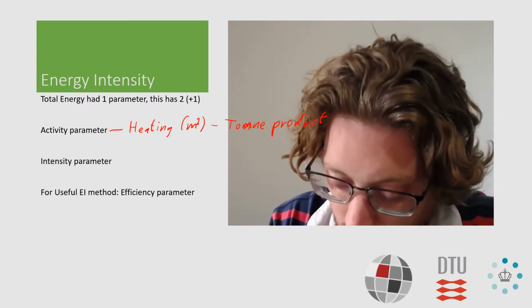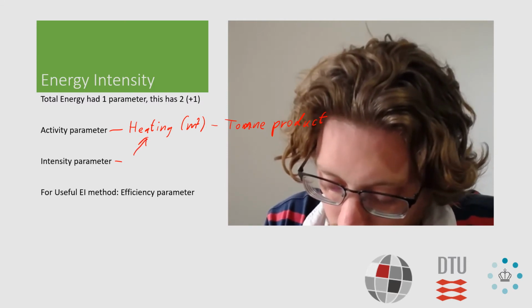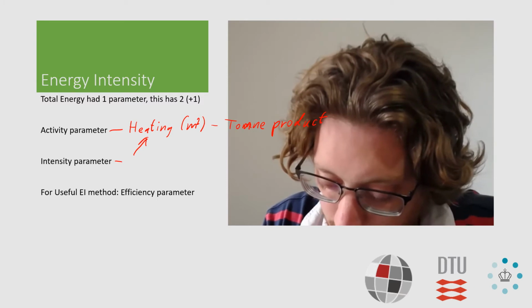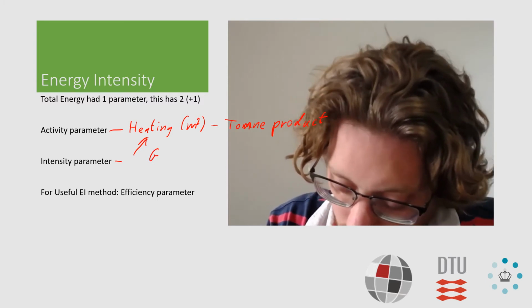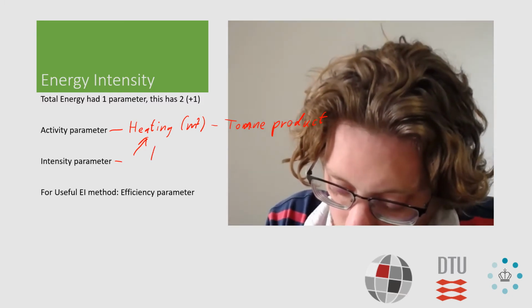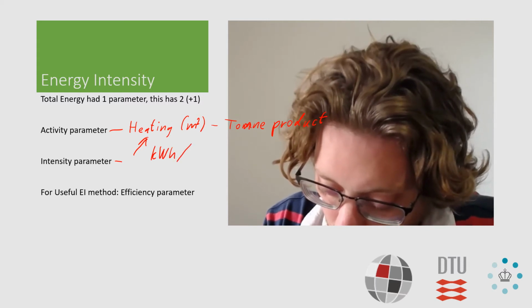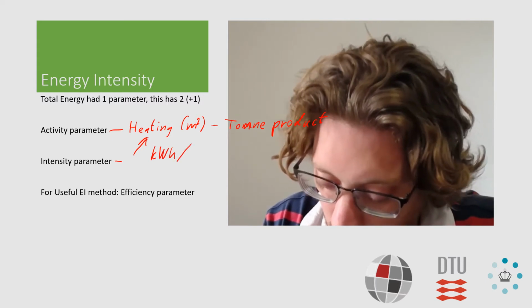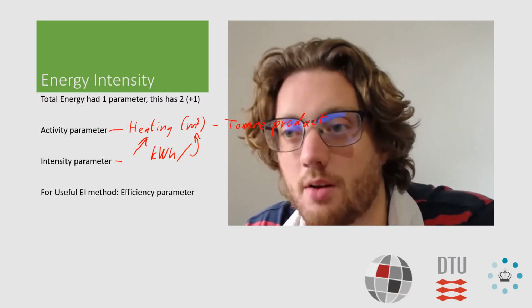Then the intensity parameter refers to the activity parameter. So that could be gigajoules, or let's say for heating, we can say yearly kilowatt hours per our defined activity parameter.